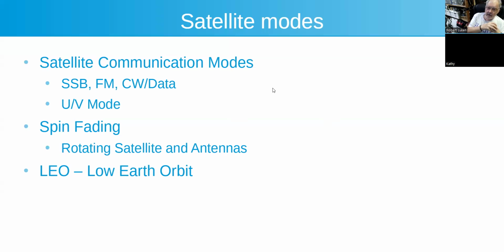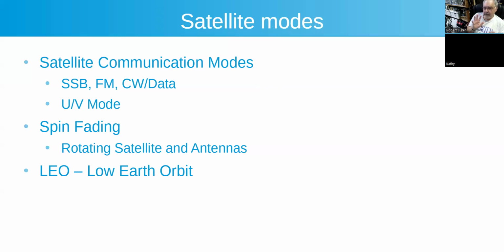Satellites have this thing called spin fading because satellites rotate, due to trying to maintain a constant temperature. We always called it rotisserie mode. And because they're rotating, the antennas rotate, so you're getting rotating polarization.